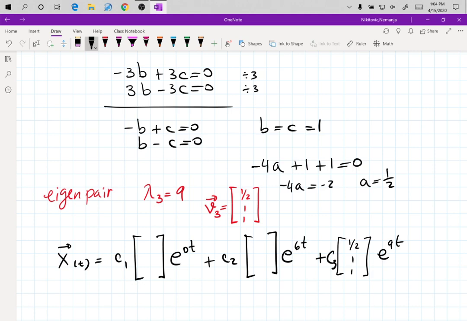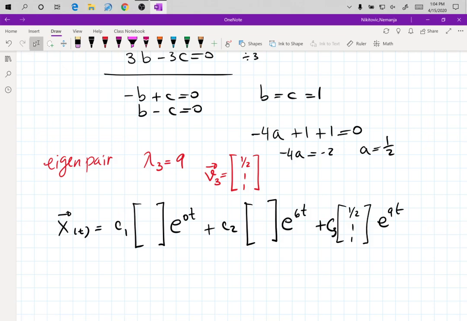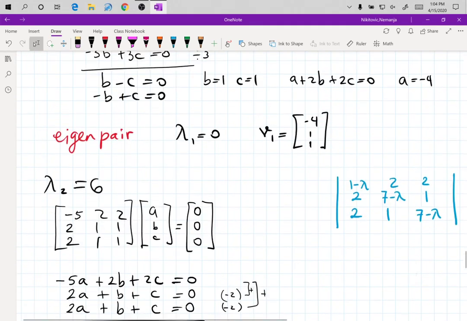Oh, I forgot C3 in front. There you go, C3.